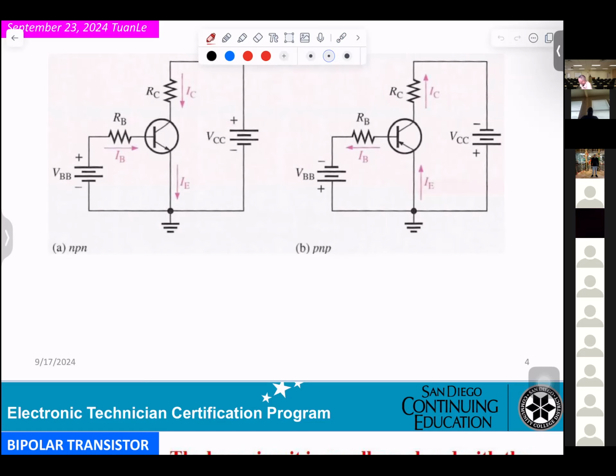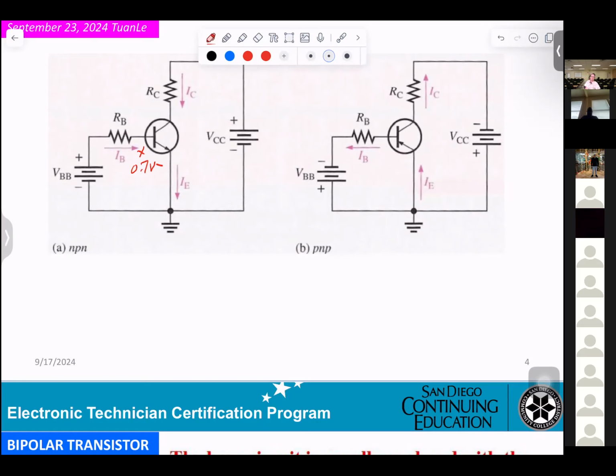Basically, this is positive here and this is negative, and that value will be 0.7 volt.